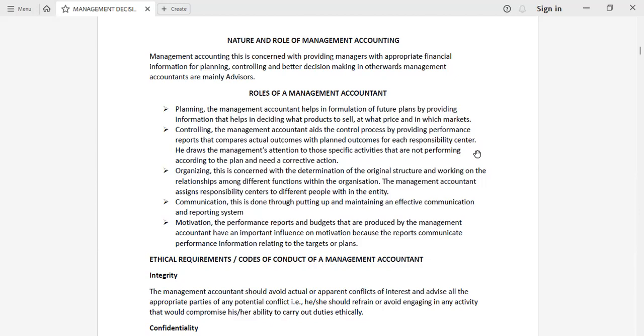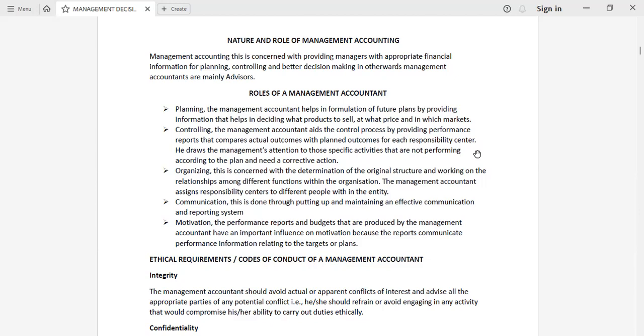Therefore, we are mainly advisors, and we provide information to help the decision making process. A management accountant is not the tax accountant, finance accountant, or the human resource manager.